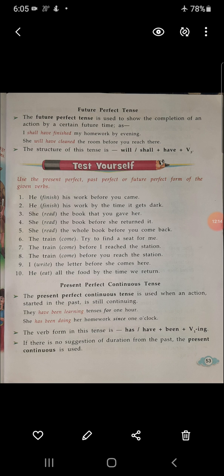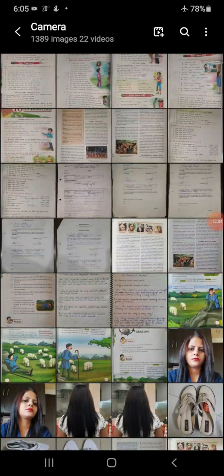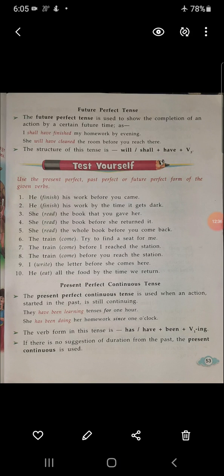Okay, clear? Now future means something that has not happened yet, right? So we have to use shall or will, plus have and V3. V3 means main verb.